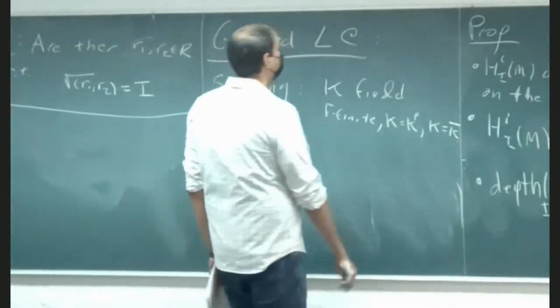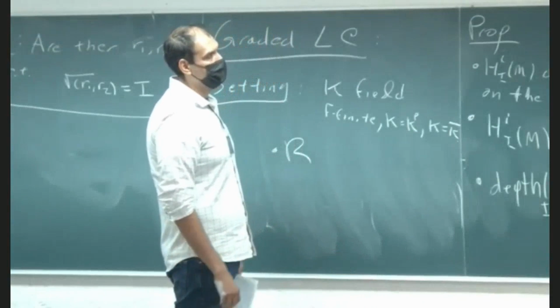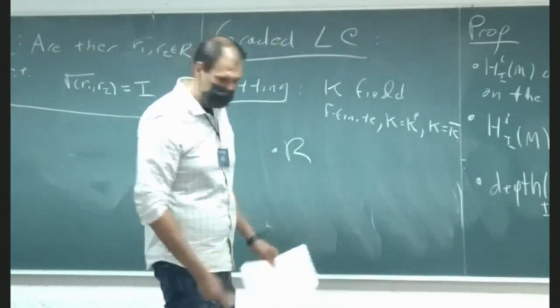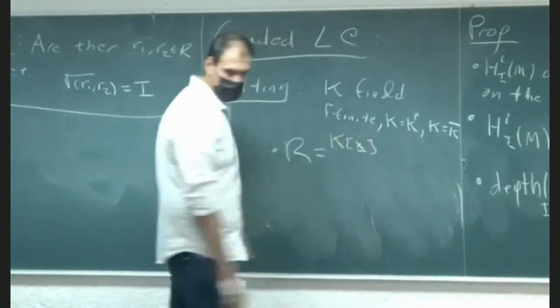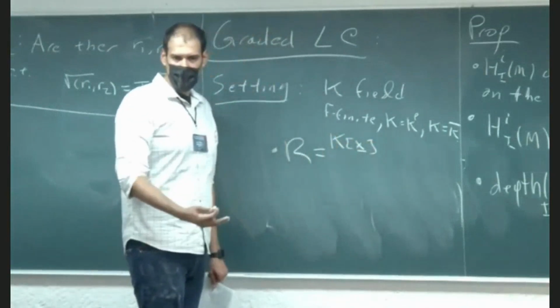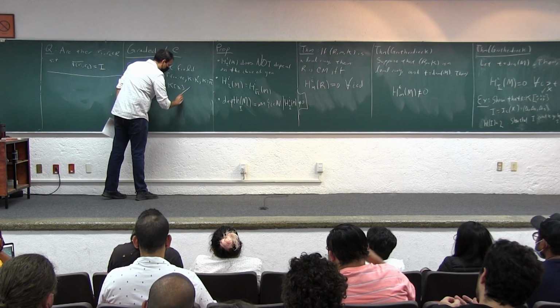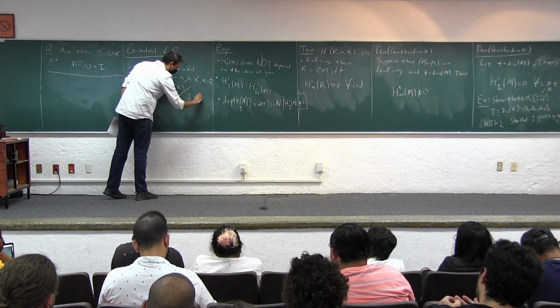Then suppose that R is a finitely generated K-algebra, a standard graded finitely generated K-algebra. This is just a fancy way to say: take a polynomial ring in some variables, every variable has degree 1, and then take a quotient over some ideal that is homogeneous.